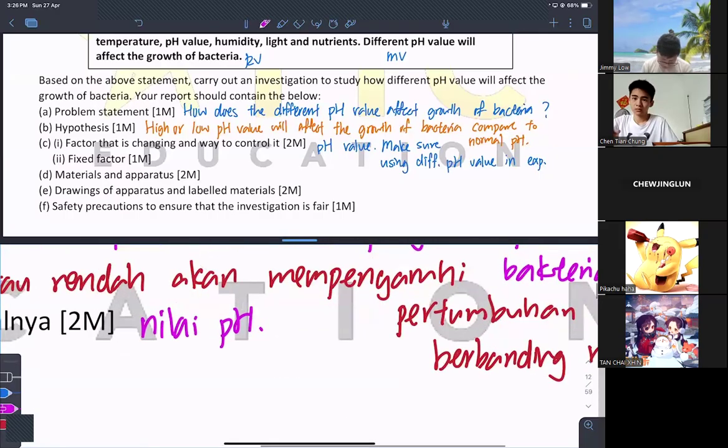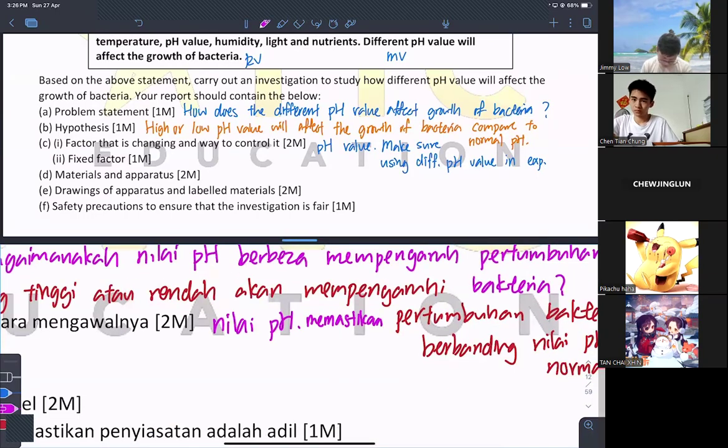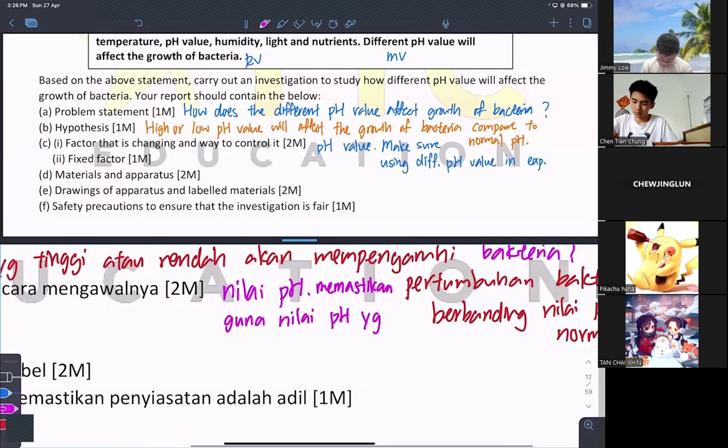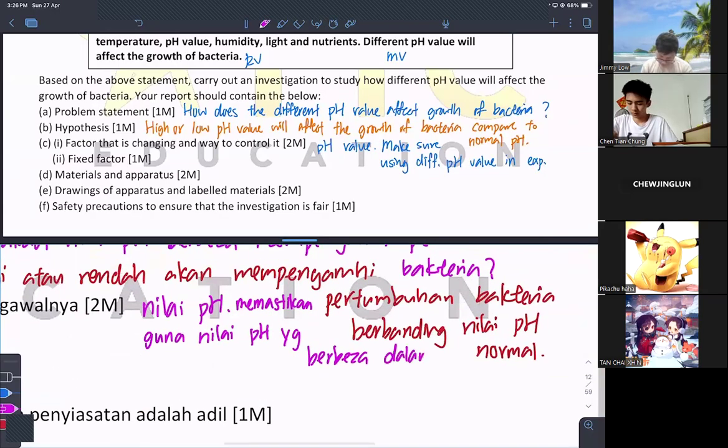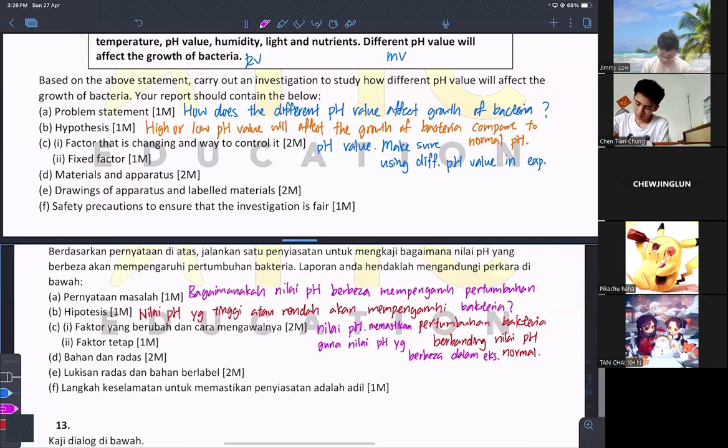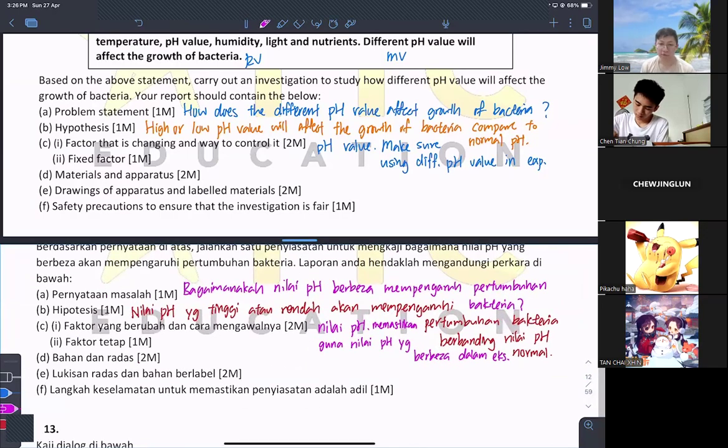The keyword is here, memastikan guna nilai pH yang berbeza dalam eksperimen. Because of the spacing issue, you can see it is quite messy. It's okay.